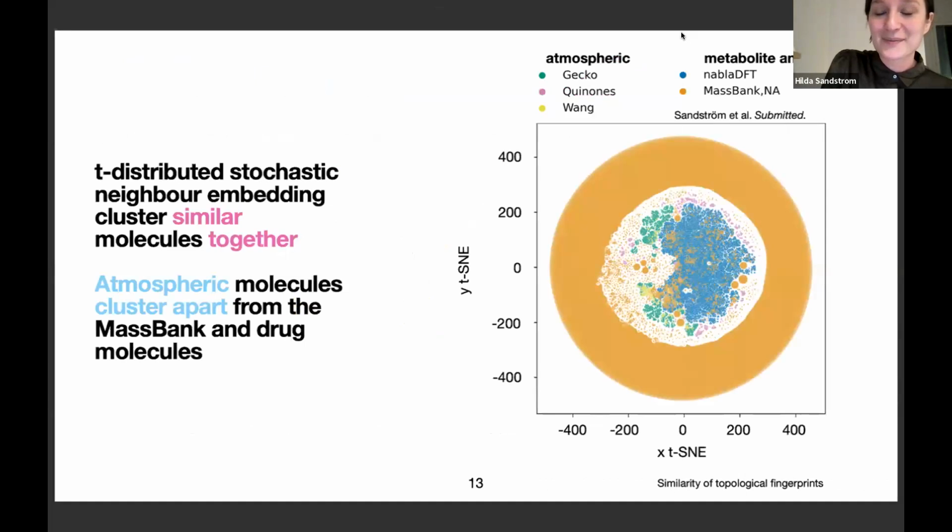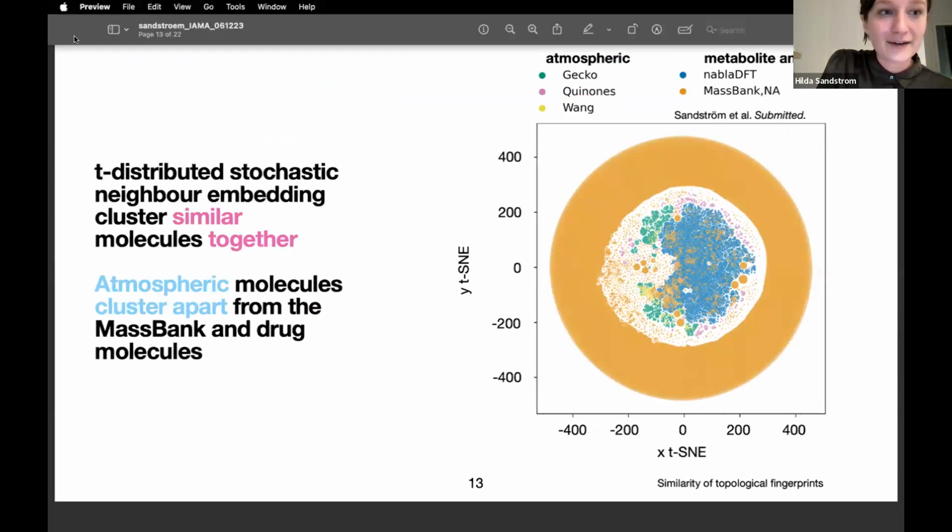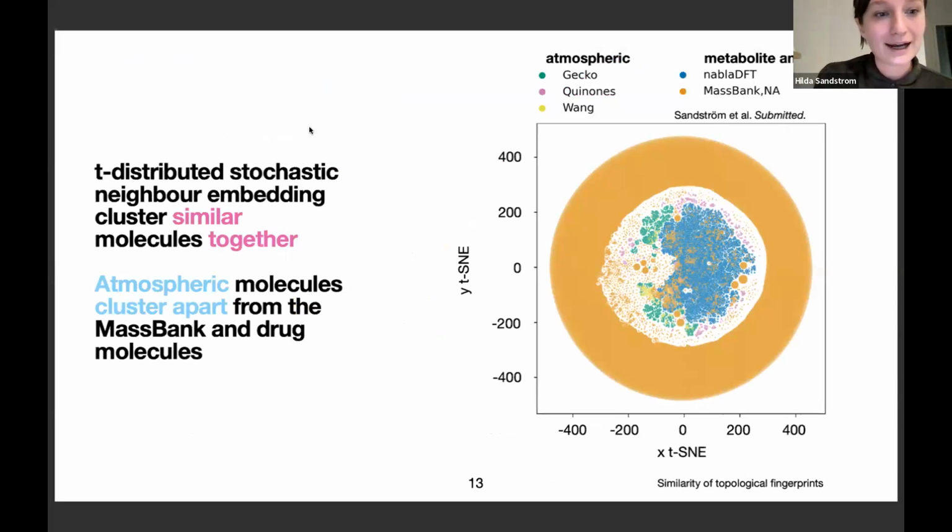So on this slide, you see part of the results of my analysis. I did a t-distributed stochastic neighbor embedding clustering of these datasets. This is an unsupervised machine learning method which clusters high-dimensional data and projects their similarity into 2 dimensions.